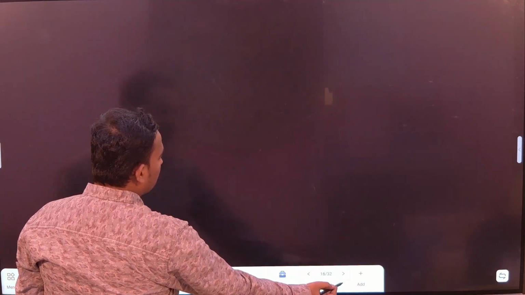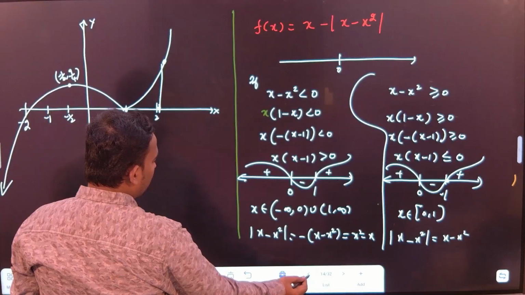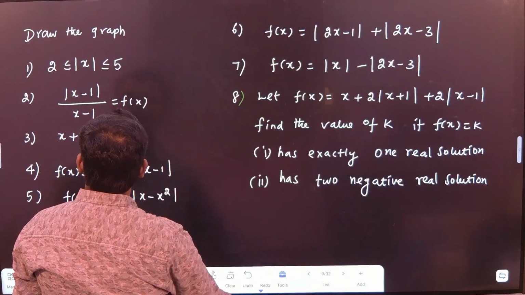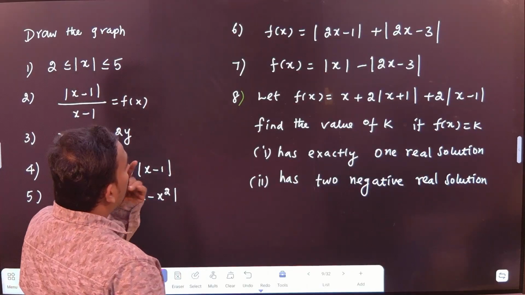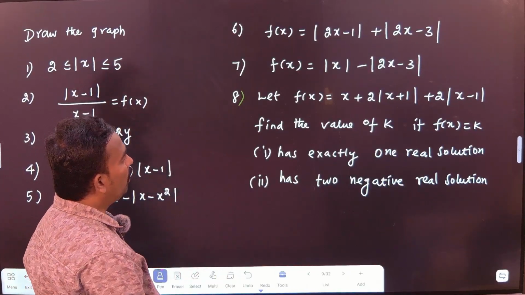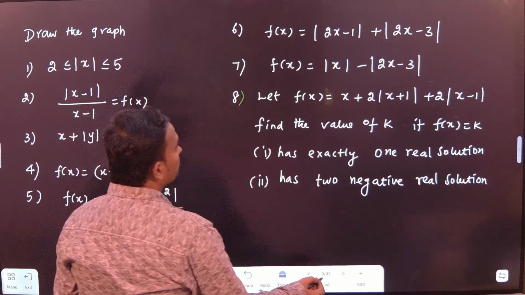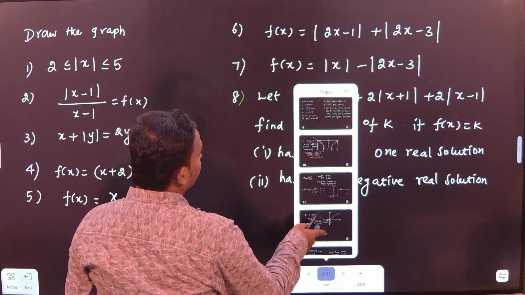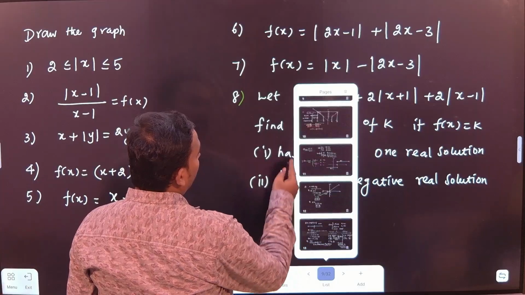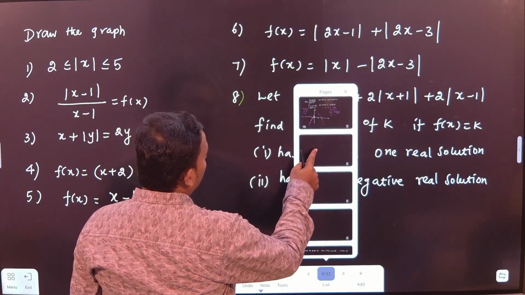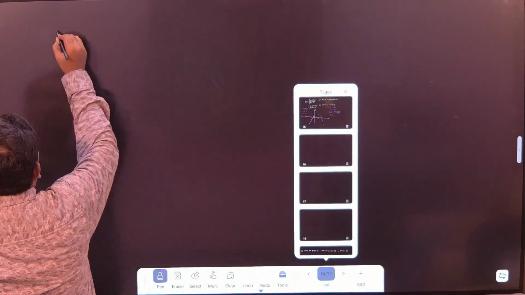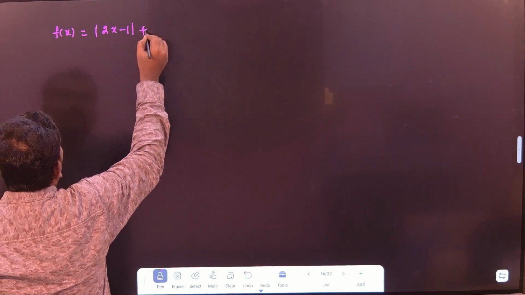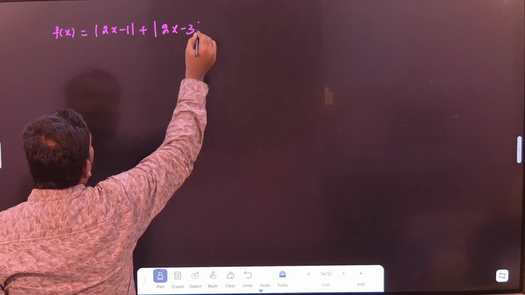Okay, next. You can see, student, the next question is what? F of x equal to mod 2x minus 1 plus mod 2x minus 3.